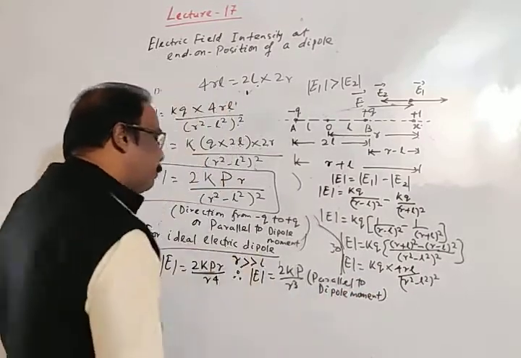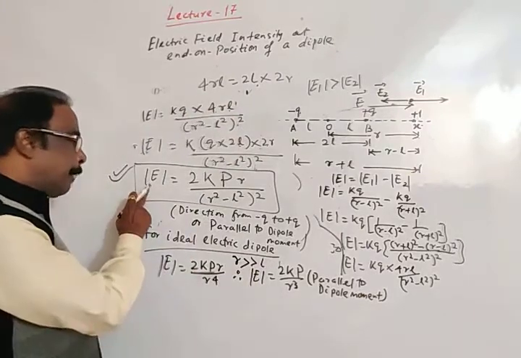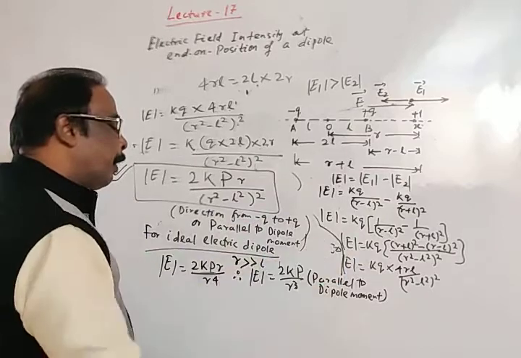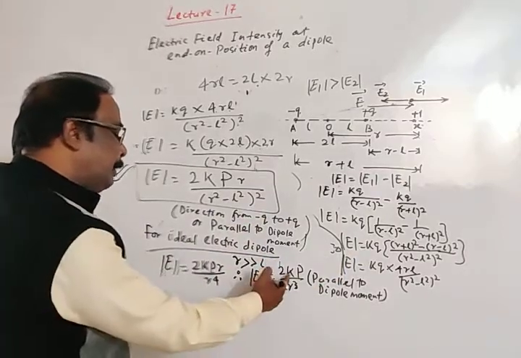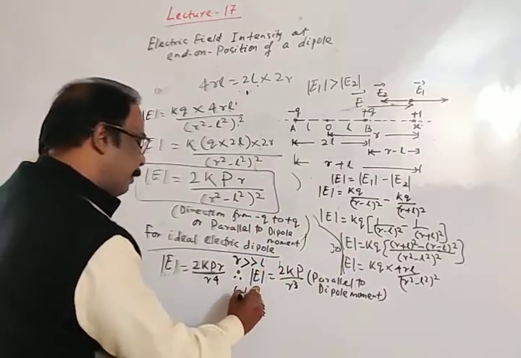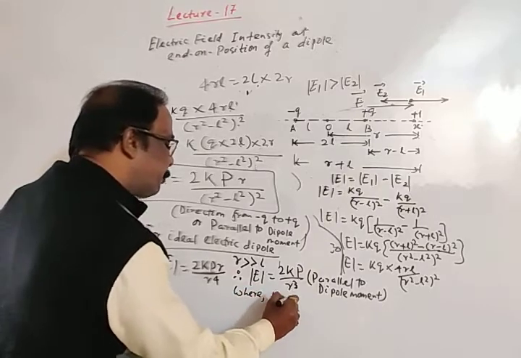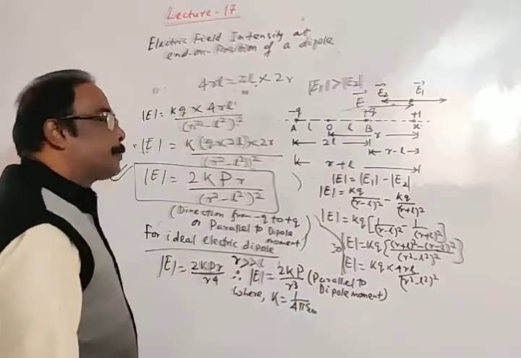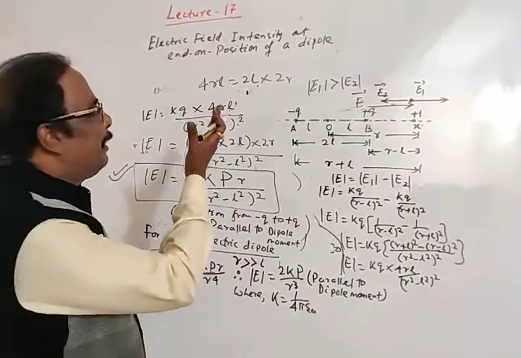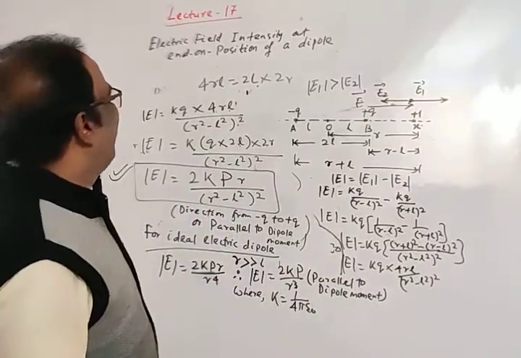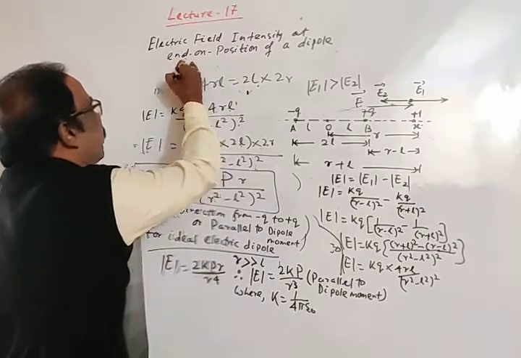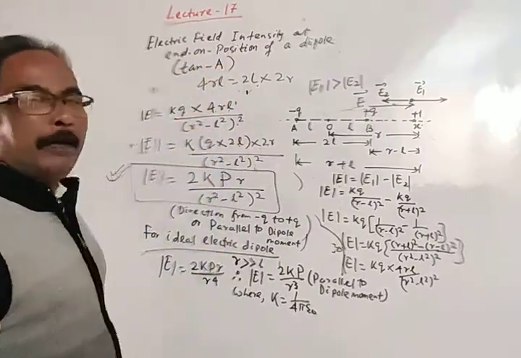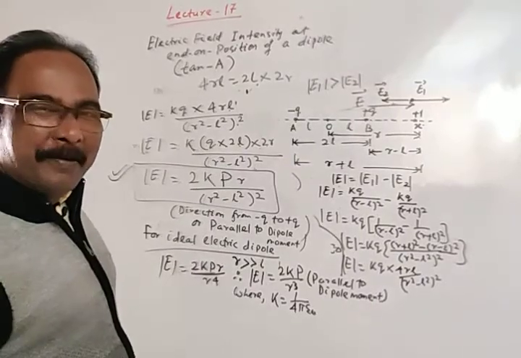So at the end on position, the direction of the resultant field intensity is from minus q to plus q, or parallel to the dipole moment, where k is 1 divided by 4 pi epsilon naught. So this is about the electric field intensity at the end on position, also called the tan A position.